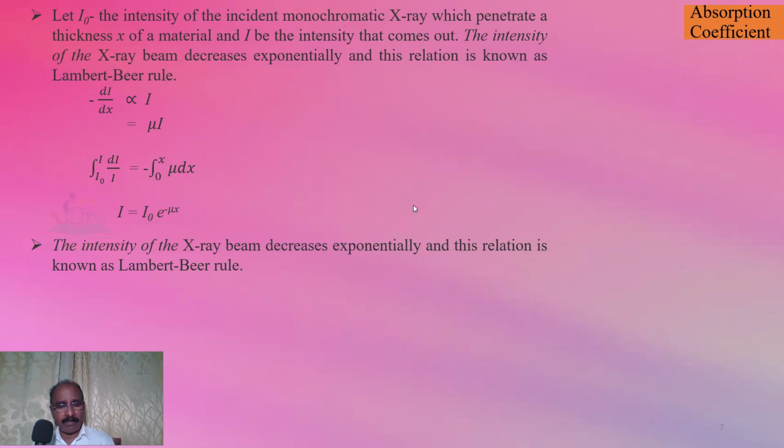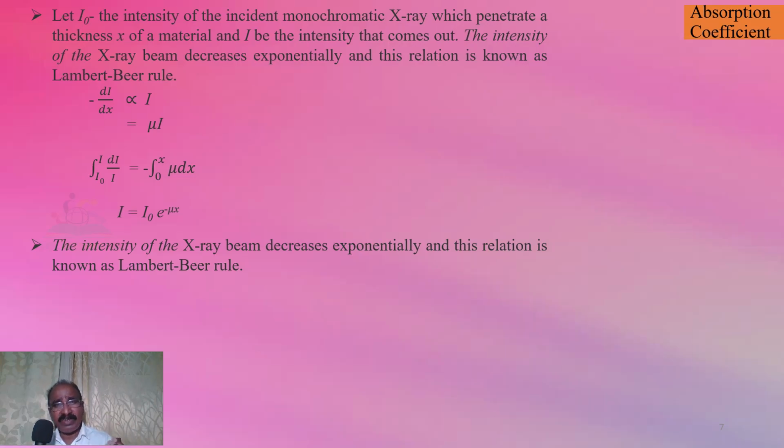Say for example you have one material, and this material has the thickness dx. Let us imagine. Let I be the intensity of the monochromatic X-ray beam. When it passes through the thickness, it will be absorbed.